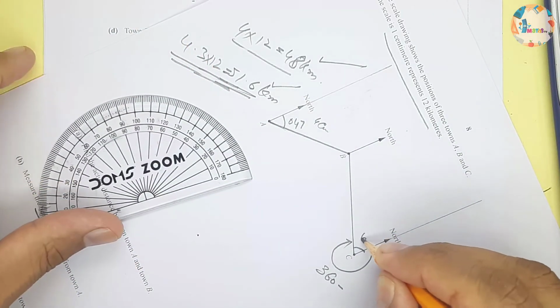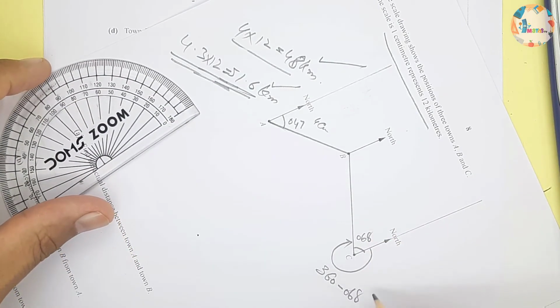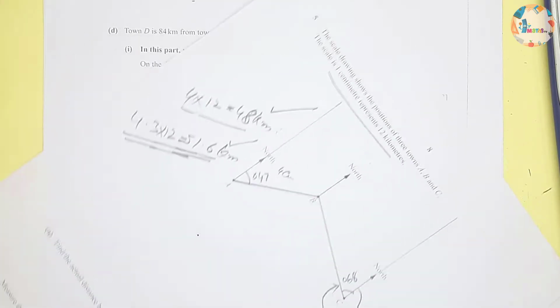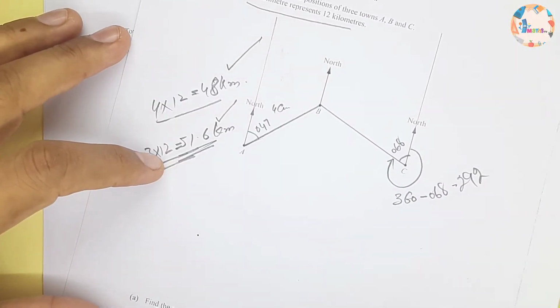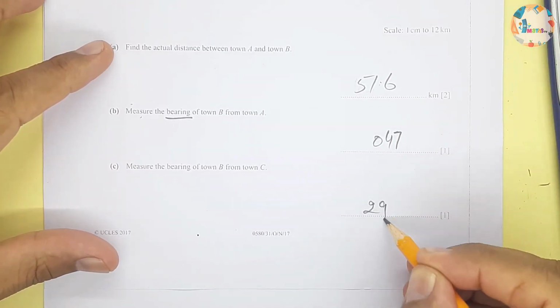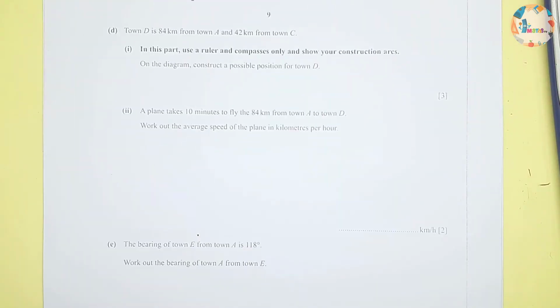So this is basically 068, and 068 will be equal to 292. We will write this proper answer over here, which is 292. Degree symbol will not be given.